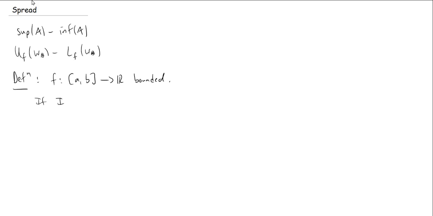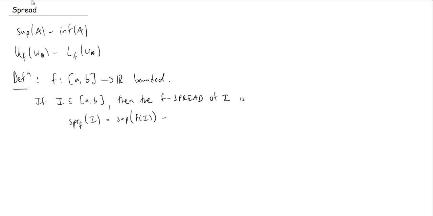If I is some subset of [a, b], very often an interval, then the f spread of I, with notation SPR f of I, is simply the supremum of f on I minus the infimum of f on I. We've already used that a little bit, but now we'll have a nice short name for it.